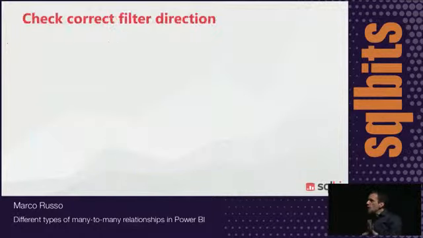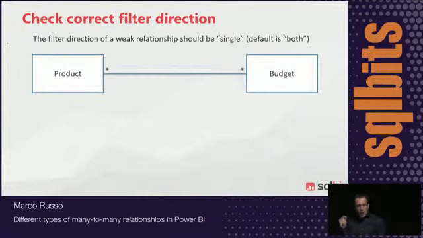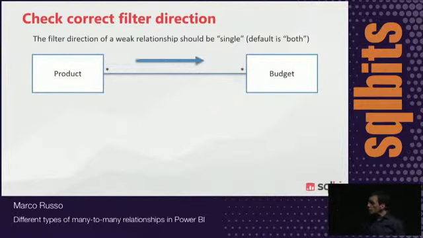Remember, check the correct filter direction. Because when you create a many granularity, 99.99999% of the times, you want to create a single direction filter, not a bidirectional filter. And so think about what you want to do at a very high level point of view. You want to transfer the filter from product to budget.